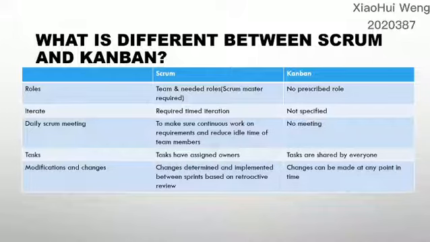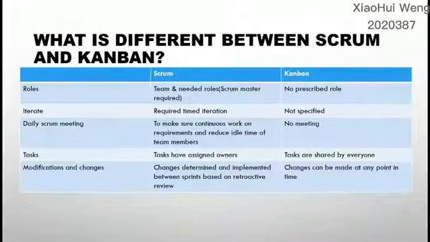The tasks are assigned by the owner, and modifications and changes are determined and implemented between sprints based on retrospective review. But Kanban isn't required as in Scrum. So it seems like Kanban is more flexible. For example, changes can be made at any point in time.